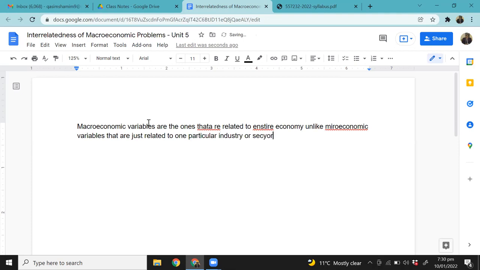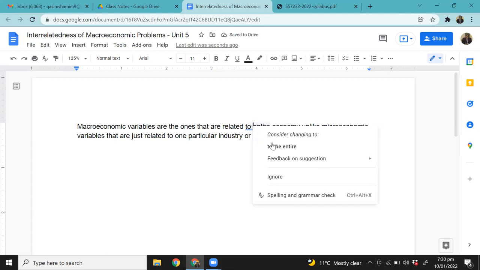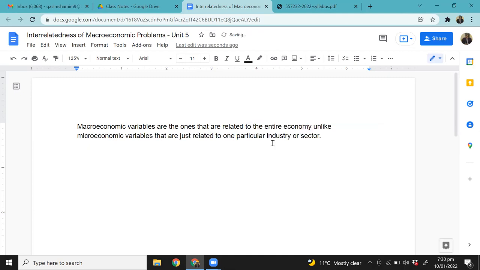So that's the first thing that you need to know, what's the distinction between macro and micro economic variables. Macroeconomic variables are the ones that are related to the entire economy, unlike microeconomic variables that are related to one particular industry or sector.